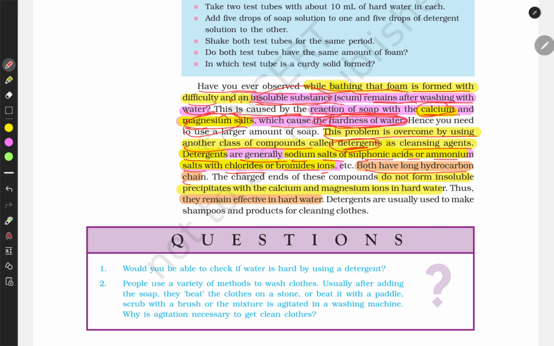Both have a long hydrocarbon chain and do not form an insoluble precipitate with calcium and magnesium ions in hard water, so they remain effective in hard water. Soap only works in soft water, in which there is no calcium and magnesium, and detergent also works in hard water, in which there are calcium and magnesium salts.